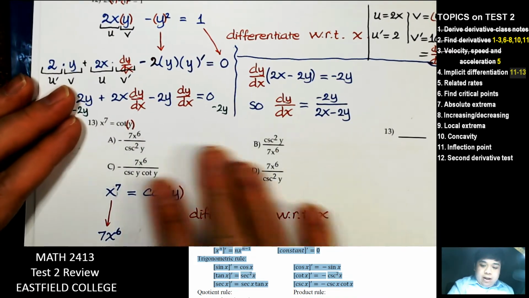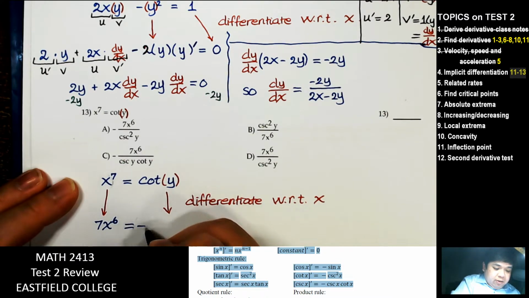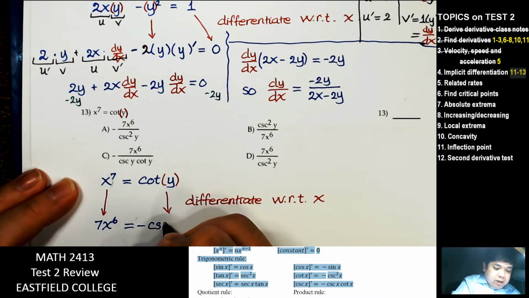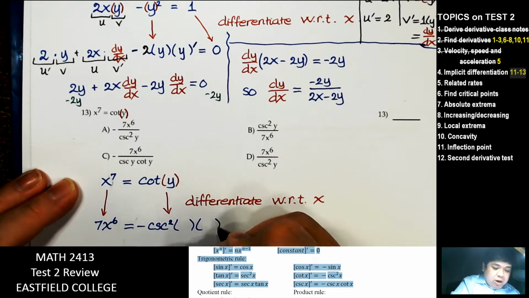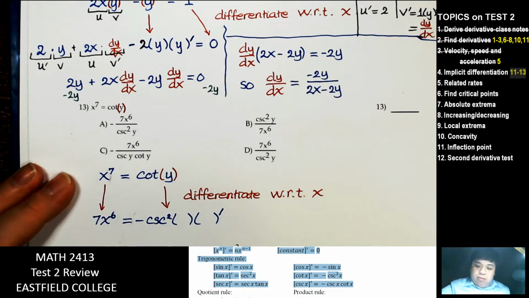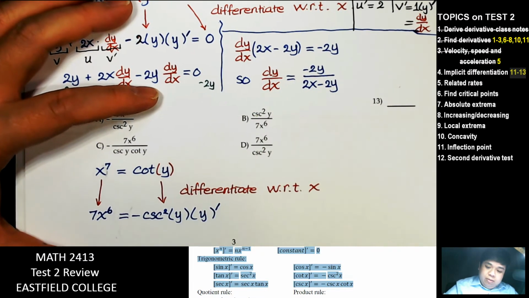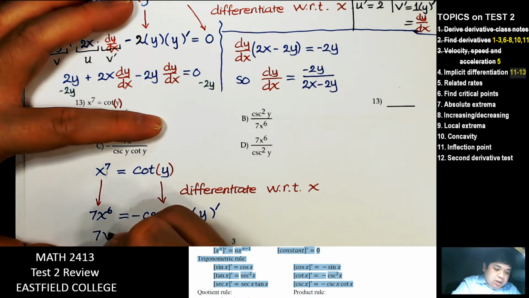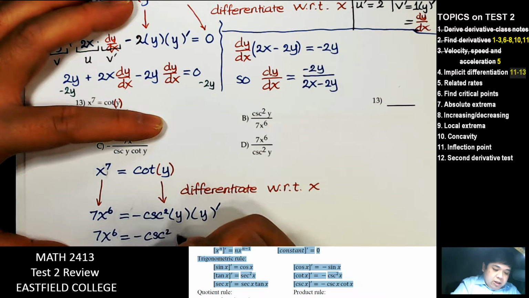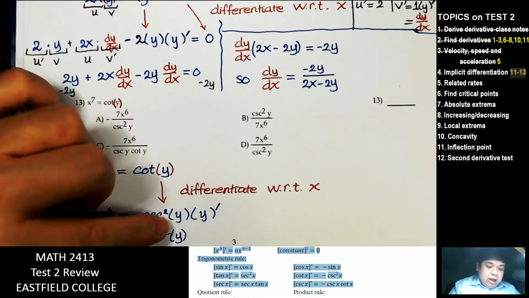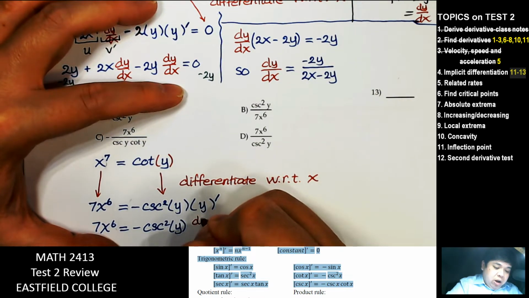Right. Now, derivative of cotangent is negative cosecant square of the parentheses, prime. Right, so we have y prime, 7x to the 6, negative cosecant square, and then y prime, we can replace that by dy over dx.